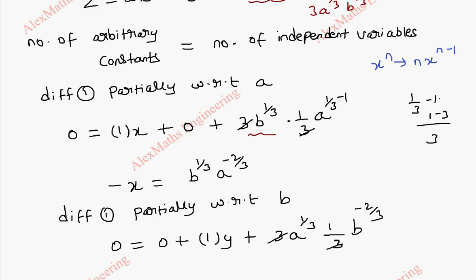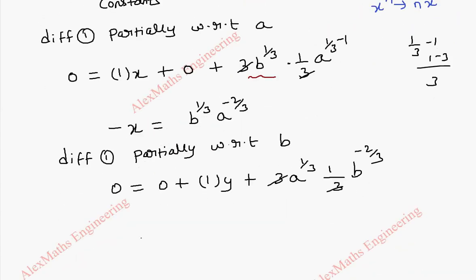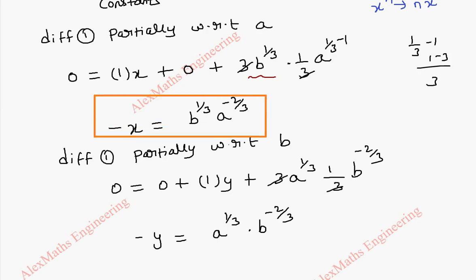Again we can cancel this and take y to the other side. Minus y is equal to a power 1 by 3 and b power minus 2 by 3. So we got x and y like this.